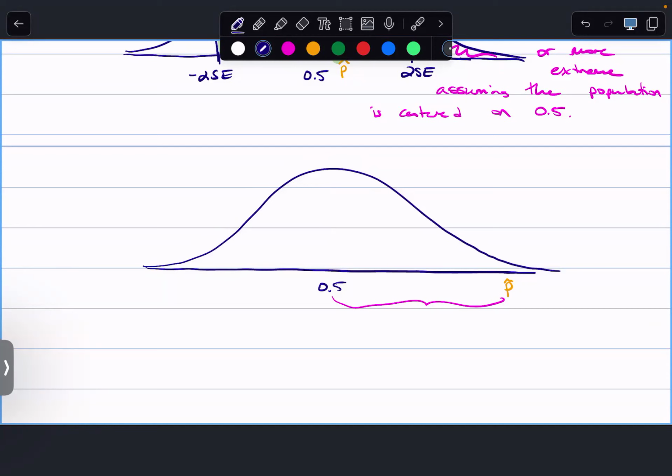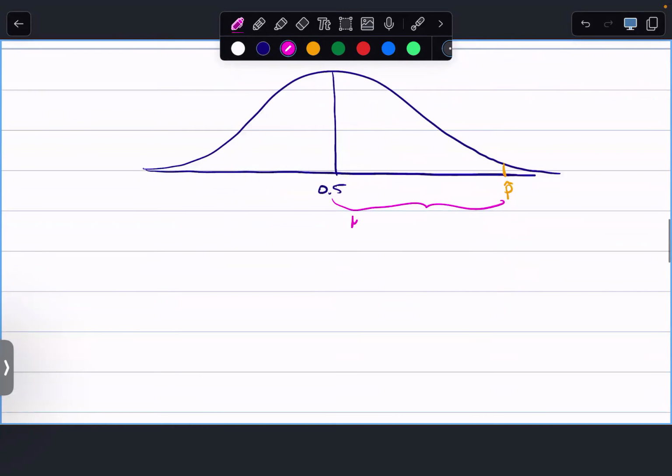Could spend all day drawing normal distributions. Here we go.